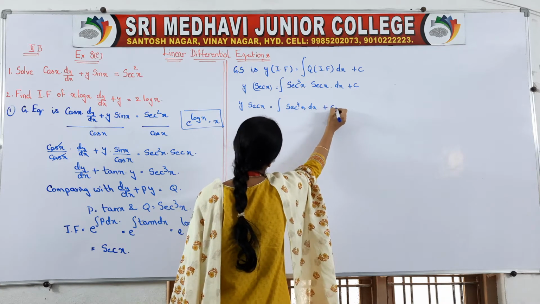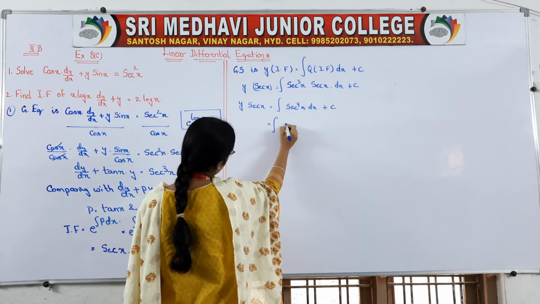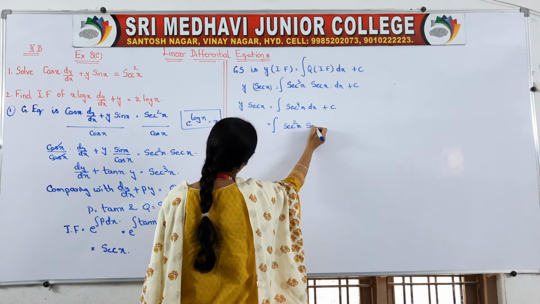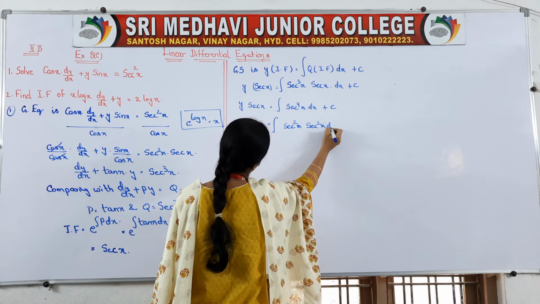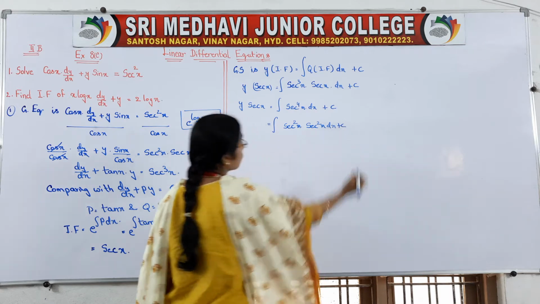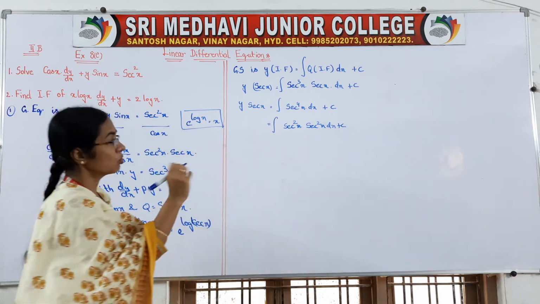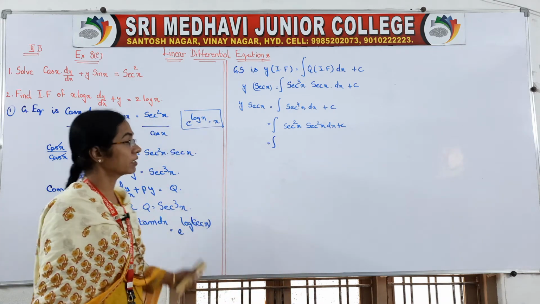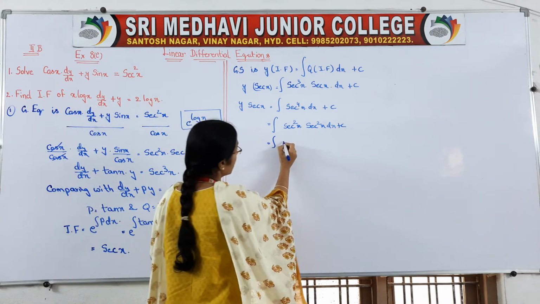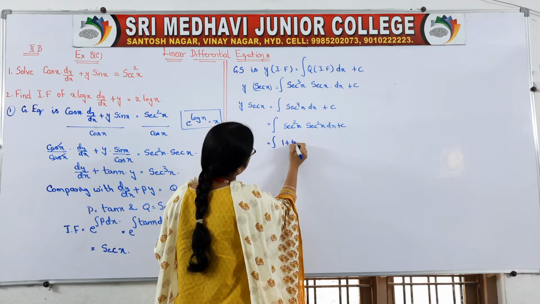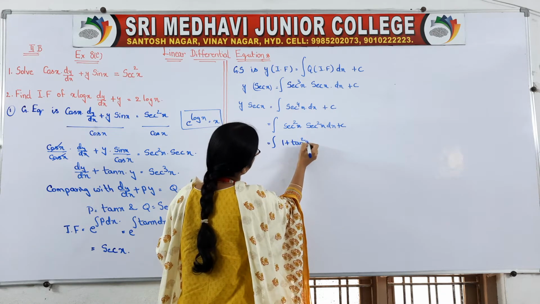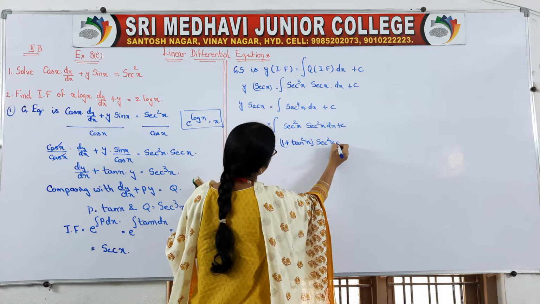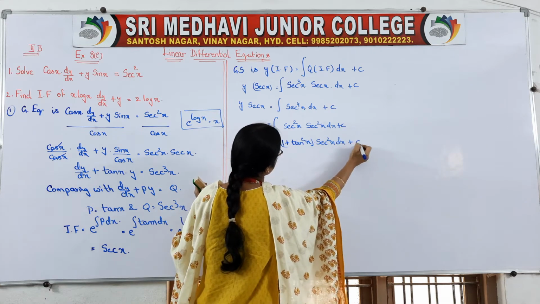We can write this as the integral of secant square x into secant square x dx plus c. But there is no direct formula for the integral of secant square x. So secant square x can be written as 1 plus tan square x, right, into secant square x dx plus c.